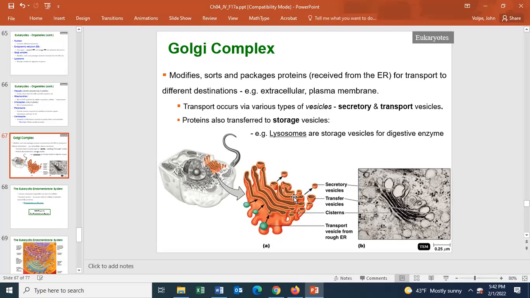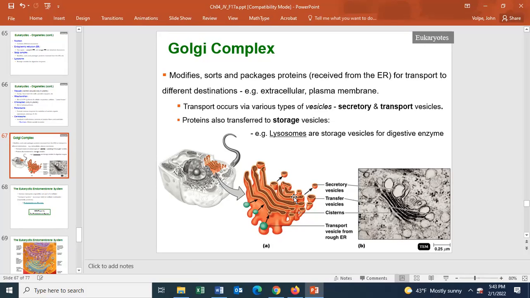So you can see the endoplasmic reticulum, the vesicles, and the Golgi apparatus are all connected together. And they involve the making of the protein, the transport of the protein, the modifying of the protein, and then the final transport of that protein.